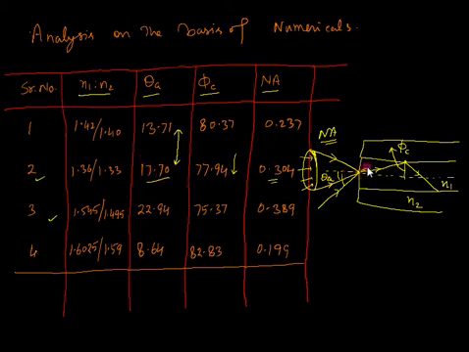Looking at the reflection from here, you can see that this angle will be smaller as compared to this one. For the second case, the acceptance angle is maximum. If the acceptance angle increases, obviously the quantity of light through that cone will increase, that means the numerical aperture value should increase.